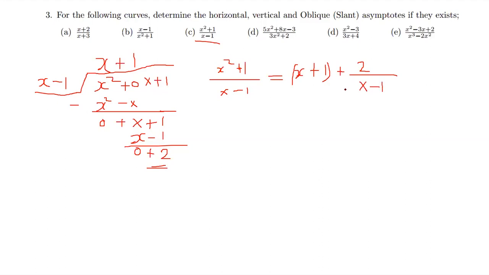Yeah, this is how you write it. So your oblique asymptote is just this part here, which is y. You can write it now as y is equal to x plus 1. This is your oblique asymptote.